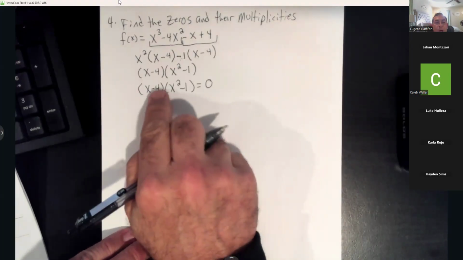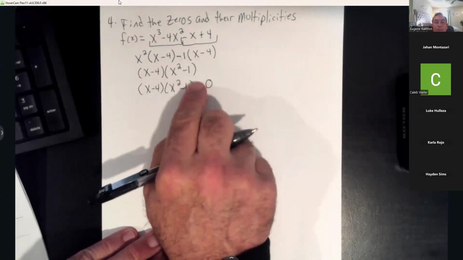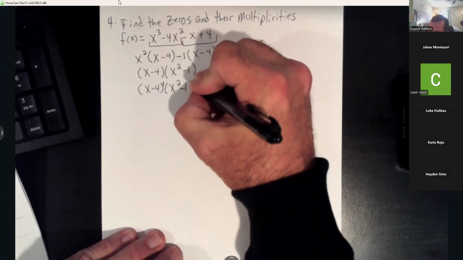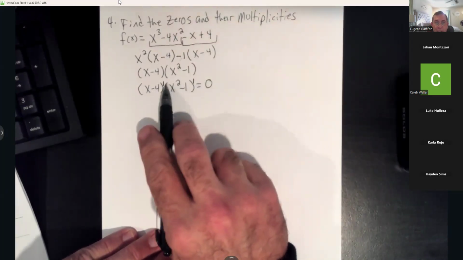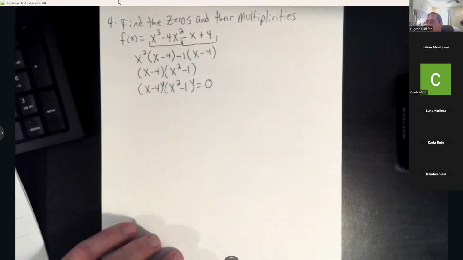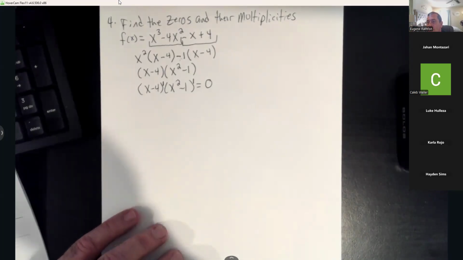Now, there's no exponents outside of these parentheses at this point, so we would treat both of these like they are 1s. So that means when I'm done, all the factors I get will have a multiplicity of 1, okay?